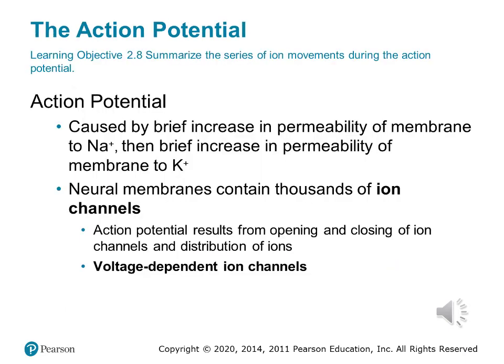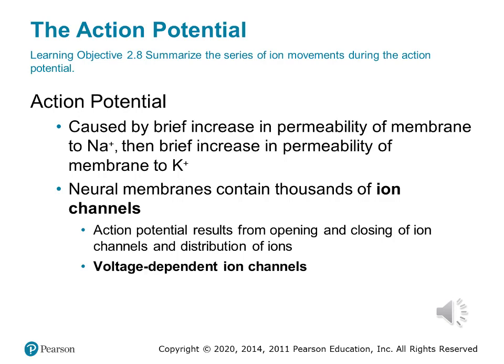So how does this fit in with the action potential? The action potential is caused by the brief increase in permeability of the membrane to salt or sodium, which is Na+, followed by a brief increase in the membrane's permeability to potassium, or K+.